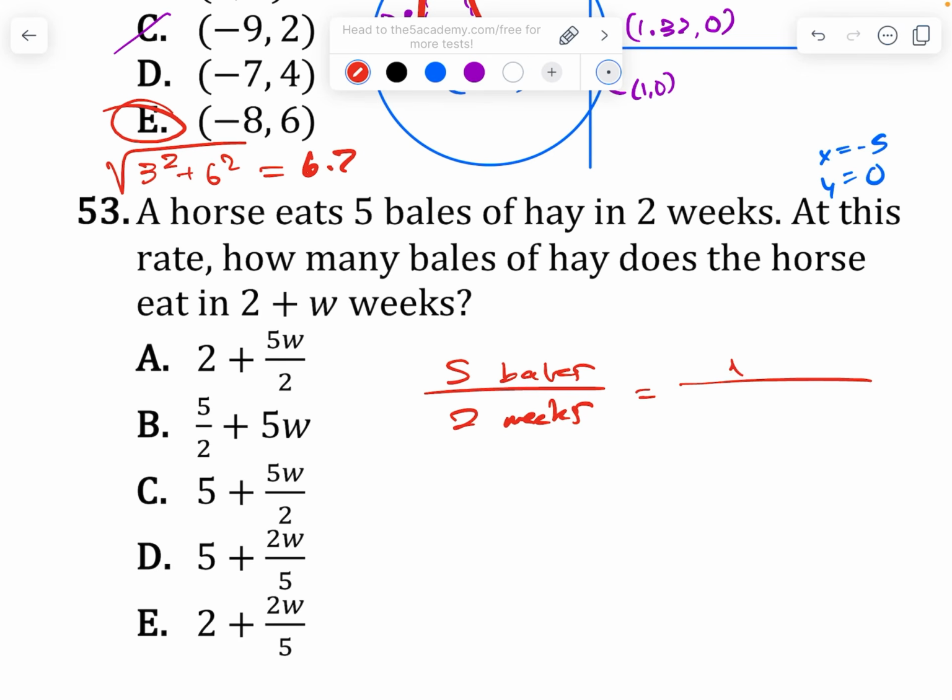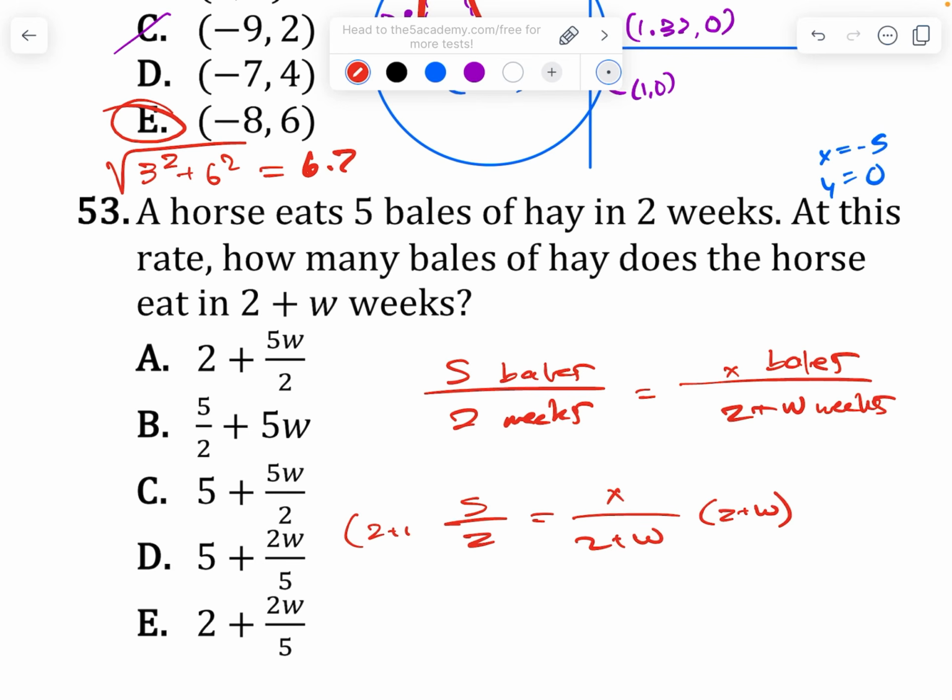We're trying to find how many bales it's going to eat in 2 plus W weeks. So let's just call it X bales. We're going to solve for this. We're going to do 2 plus W weeks. So in numbers, it's going to be 5 over 2 equals X over 2 plus W. Solve for X. So 2 plus W is equal to X, so this cancels out.